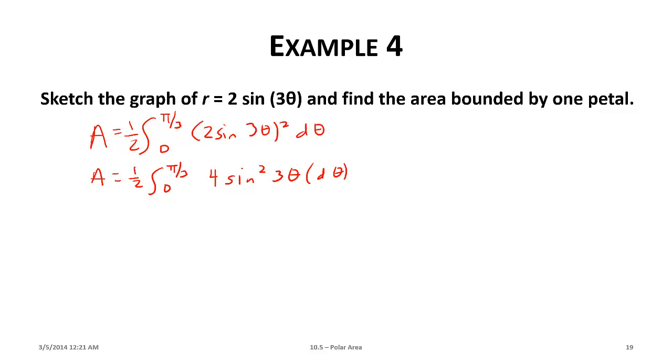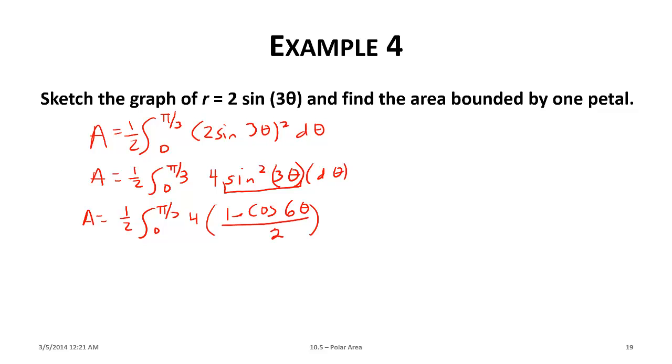If you leave it, we have area equals 1/2 integral from 0 to pi over 3. If you remember your trig functions, sine squared 3 theta is one of your half angle identities: 1 minus cosine of double the angle, which is 6 theta, because the original is 1 minus cosine 2 theta, and 2 times 3 is 6, over 2, d theta.